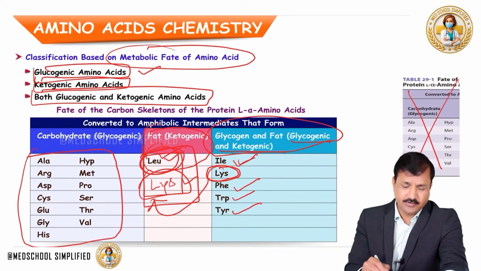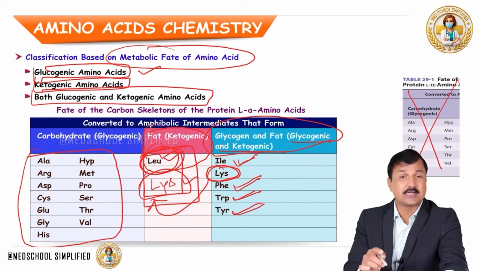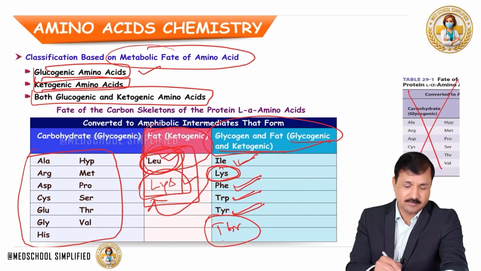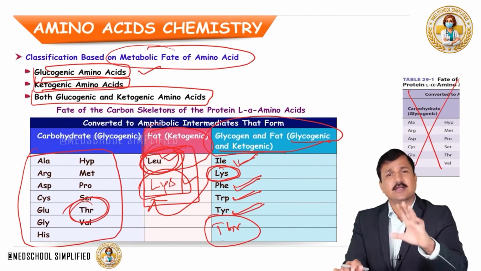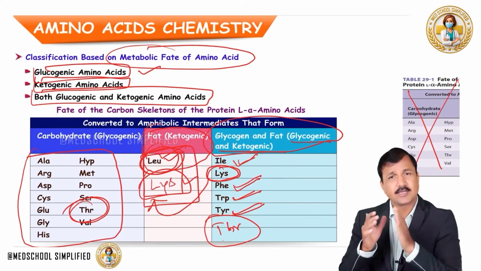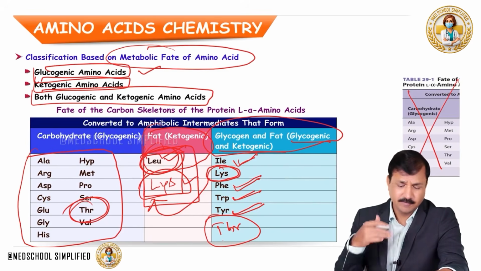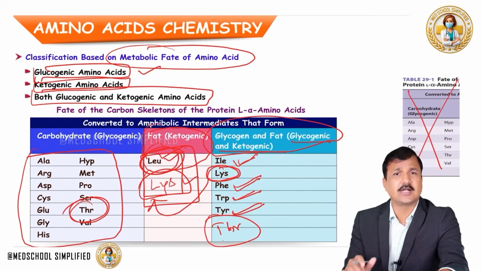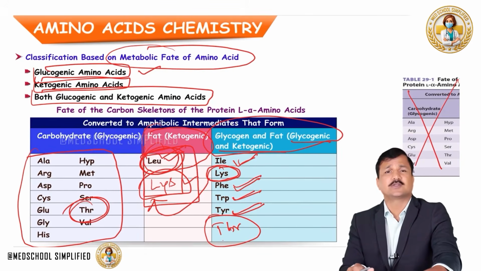It is isoleucine, phenylalanine, tryptophan, tyrosine, and some books will also put threonine into this list. As in the table here, threonine is placed into glucogenic predominantly, but it can also make some ketone bodies. So isoleucine, phenylalanine, tryptophan, tyrosine and threonine can be part of this group.